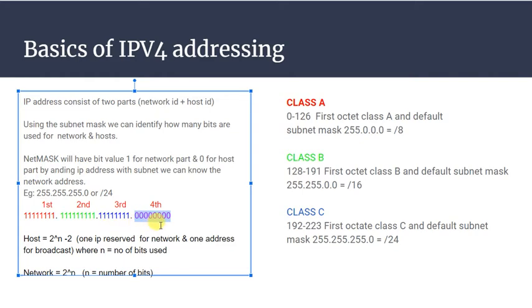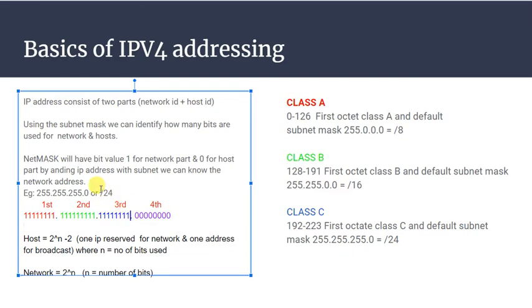So the host part gets eliminated by ANDing with the subnet mask. Then you see only the number on the first three octets, which represents the network address. It could be 192.168.10 or something like this, depending on the address.